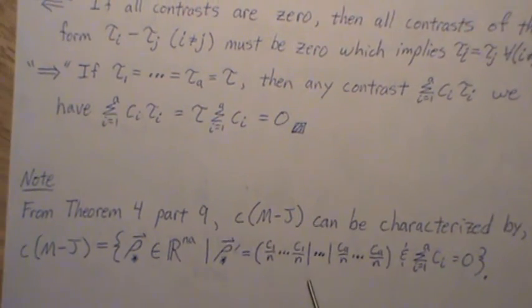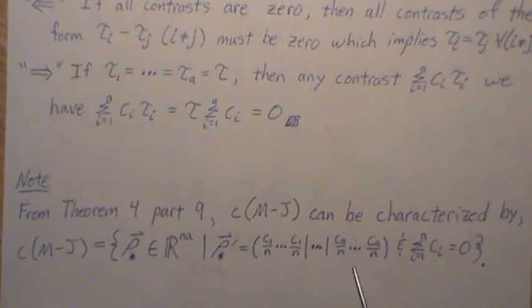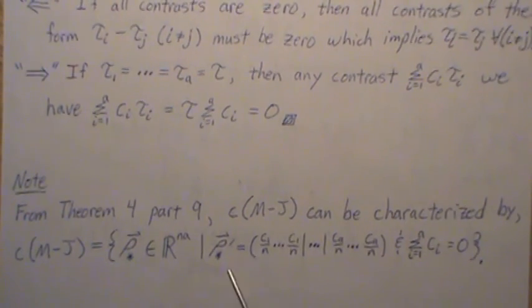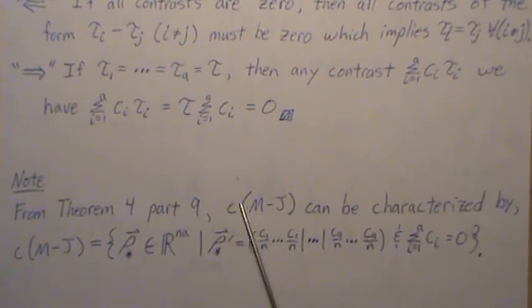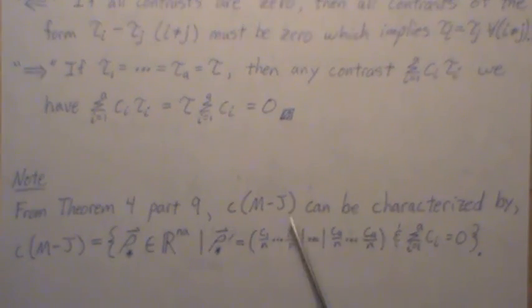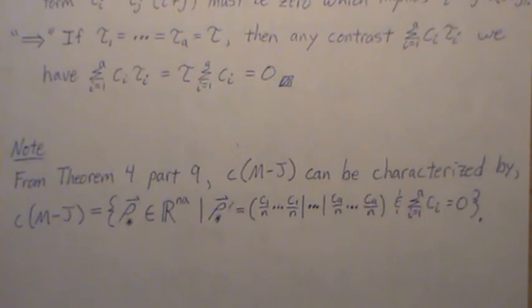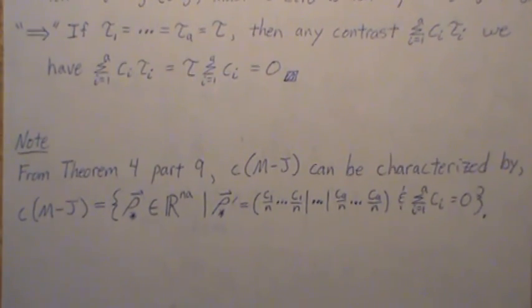The next n components are C2 over n, all the way to the last n components, which is C a over n. Now granted, the c i's have to sum to 0, but this is the representation of this column space, which I find quite intriguing.